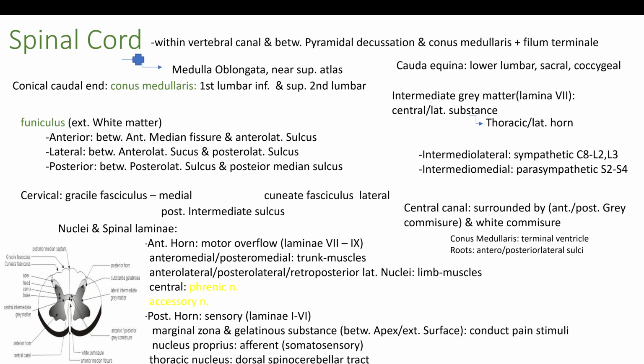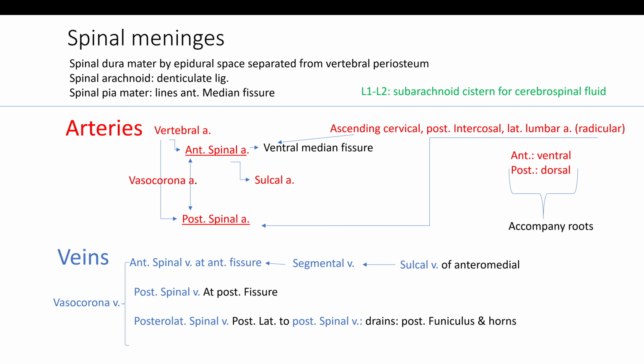The conus medullaris contains the terminal ventricle, with roots of spinal nerves anteriorly, anterior lateral sulcus, and posterior lateral sulcus. Then there are the spinal meninges. There's nothing too groundbreaking. Basically, there's the spinal dura mater, separated from the vertebral periosteum by the extradural epidural space.